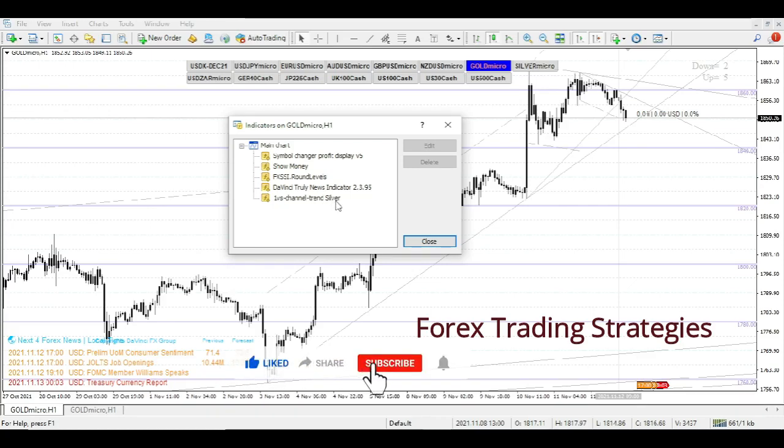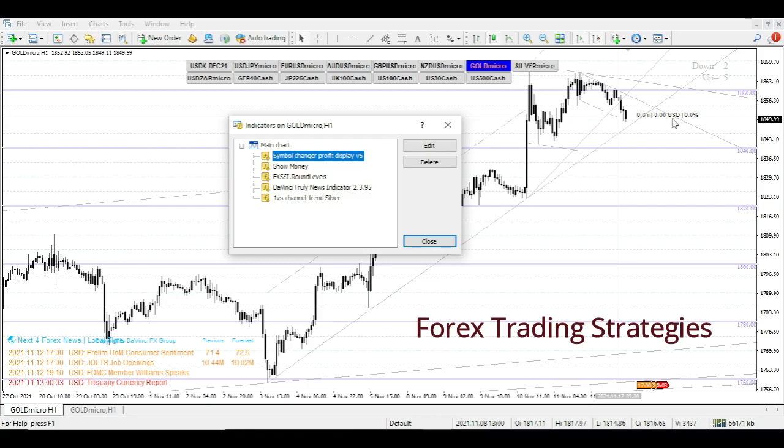Don't mind about the silver because I modified mine to give it a silver color because I don't want to overpower my chart like that. So you can see these are the other indicators that are in the chart. Instead of me looking down to my terminal there, I just have my profit or loss right next to my current candle.